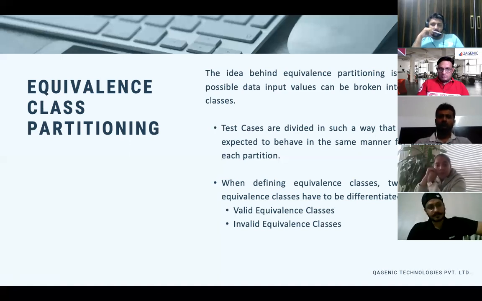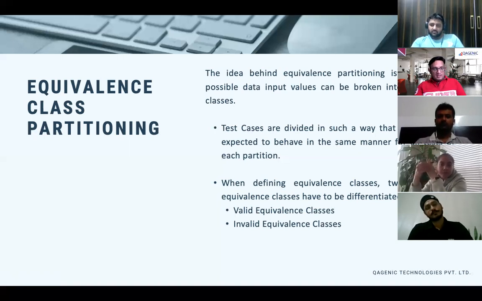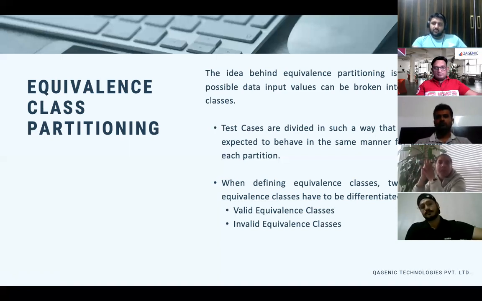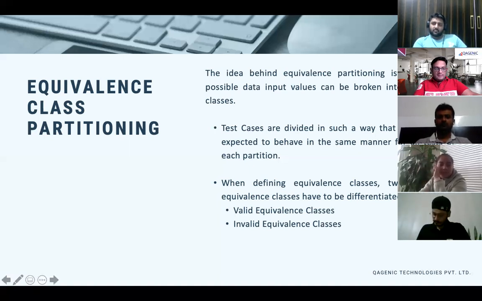Yes, negative numbers would definitely be a part of invalid, but logically, as a developer or as a tester, I am pretty sure if the logic is not implemented correctly, it would even fail on 17. Okay, so if I pick the negative one also for the invalid class, then if the logic is not implemented correctly, the negative one will surely fail too. Okay, so this is clear.